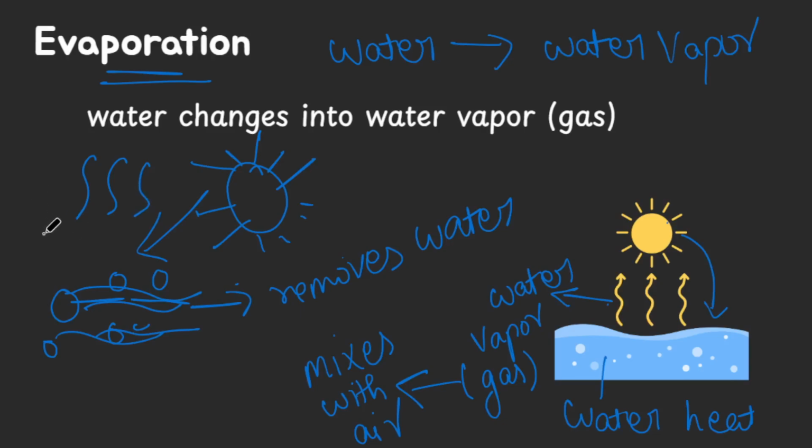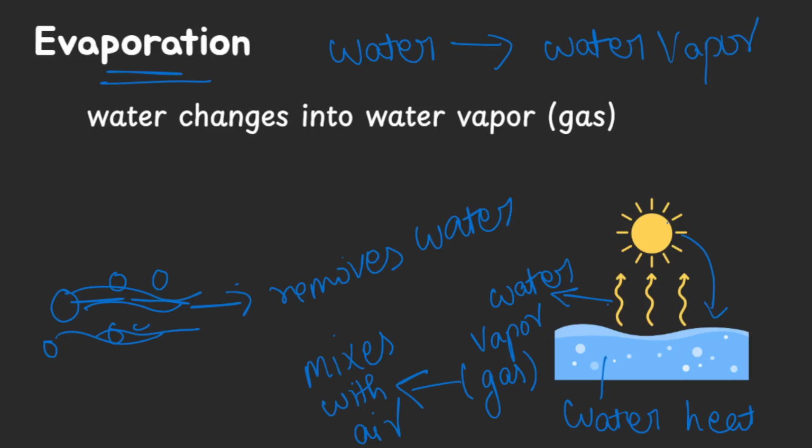All the water will be removed from the floor because sunlight hits the water and heats it, and it becomes water vapor, which mixes with the air. You can try this yourself by dropping some water on the floor in front of sunlight.